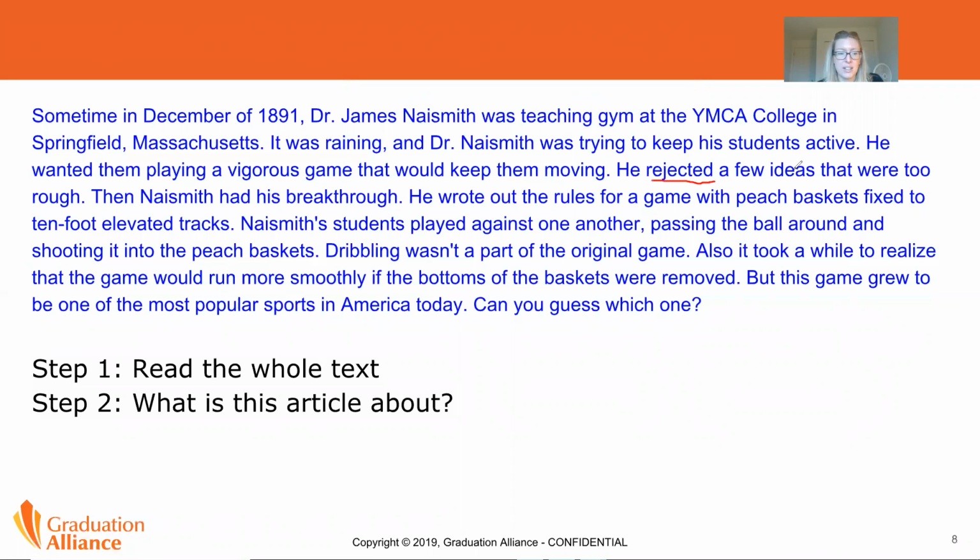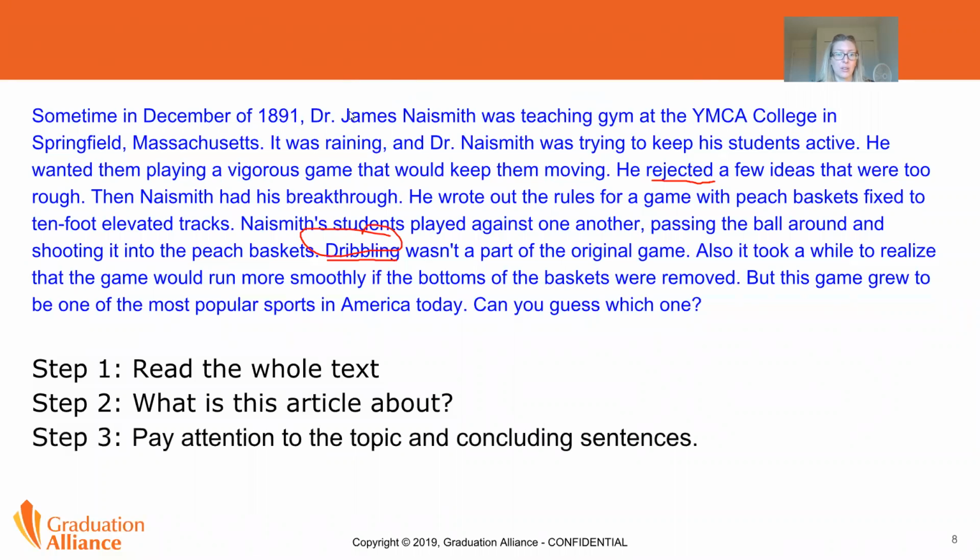So rejected a few ideas about the game. I think that's pretty good. Dribbling can mean a lot of different things. Dribbling can mean something in soccer, but you also dribble a basketball. So that's kind of a clue as to what sport they're talking about. Yeah, those are the only challenging words I see. Okay, so we read the whole text.